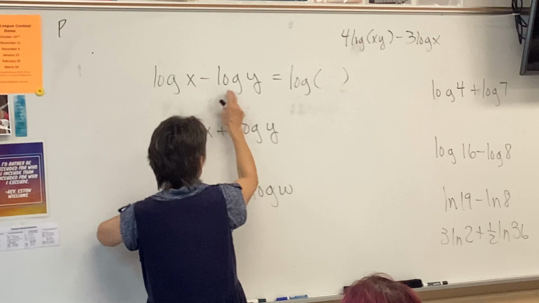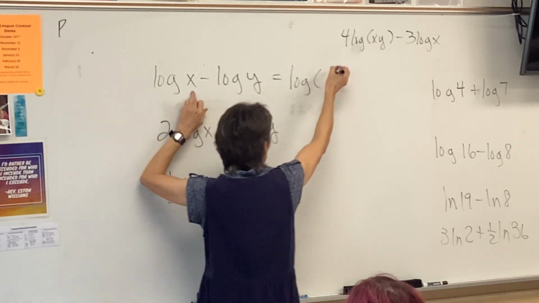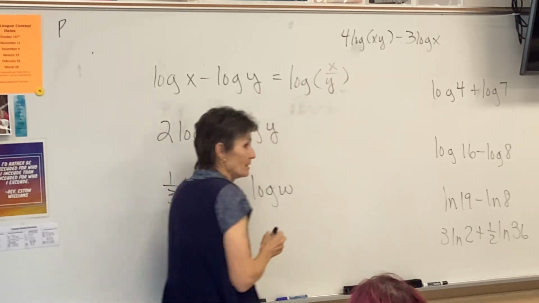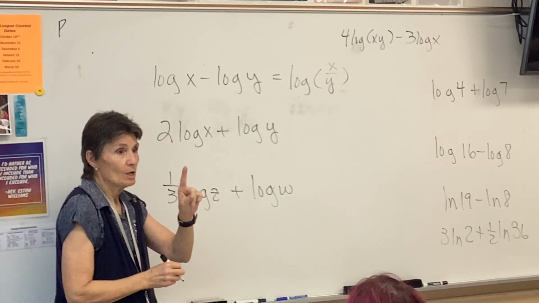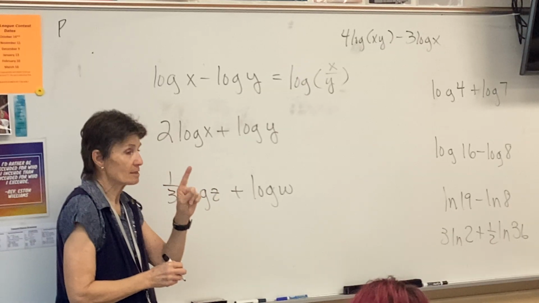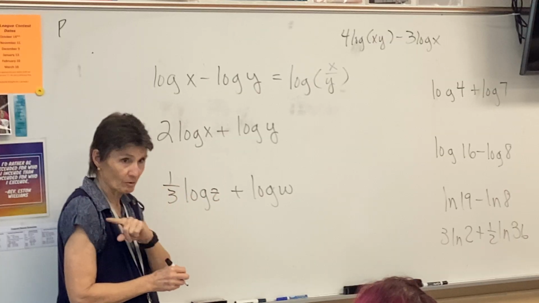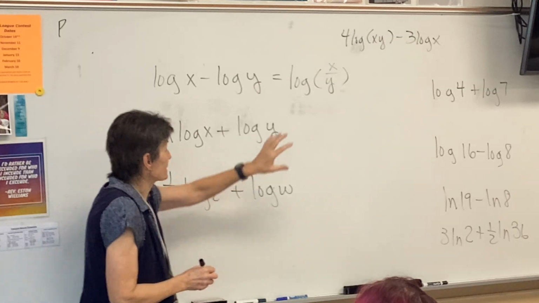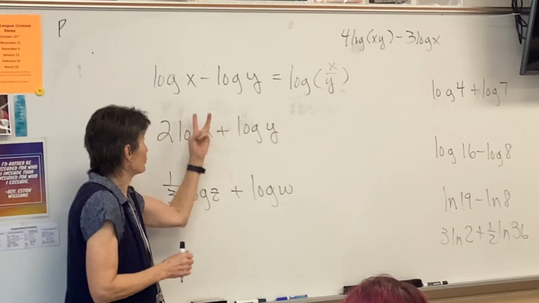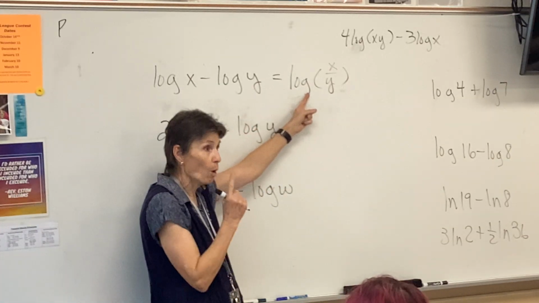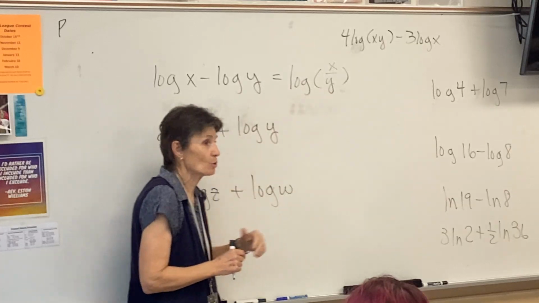Since these are subtracted, it means x and y have been divided. So that's the rule. When a log is subtracted by another log, it means the numbers themselves were divided. So you take the two logarithms, you make them one, and that becomes a quotient.